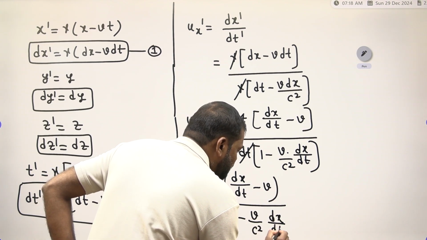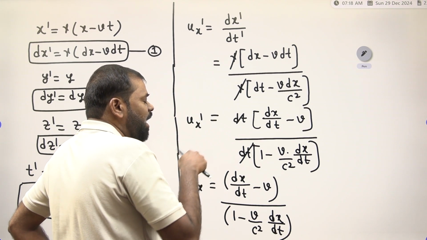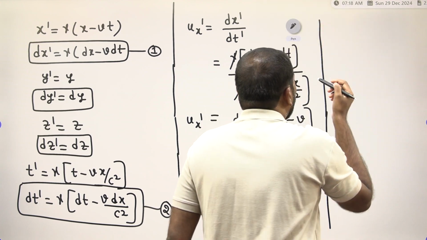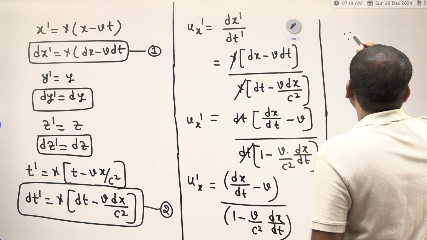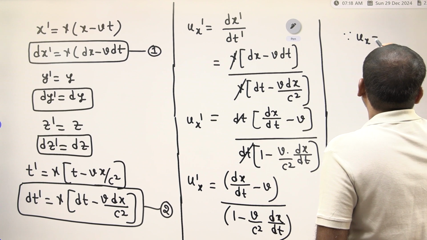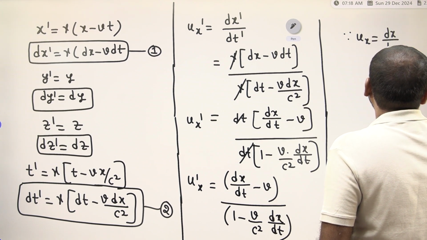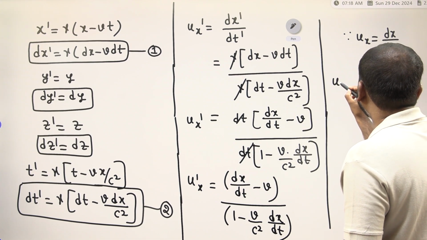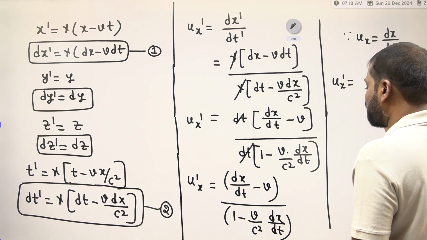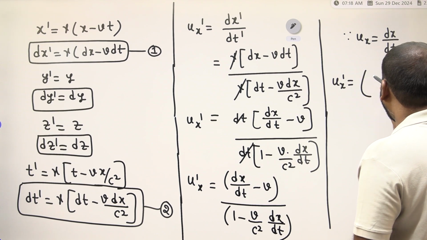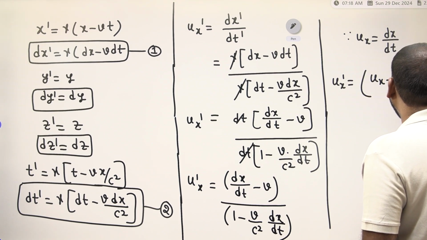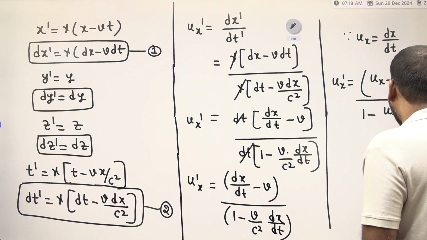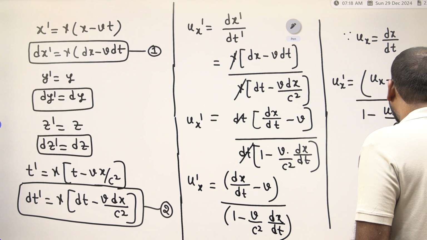But you know dx by dt is the velocity in the S frame. So u_x is equal to dx by dt. Therefore u_x dash is equal to u_x minus v divided by 1 minus u_x into v divided by c square.